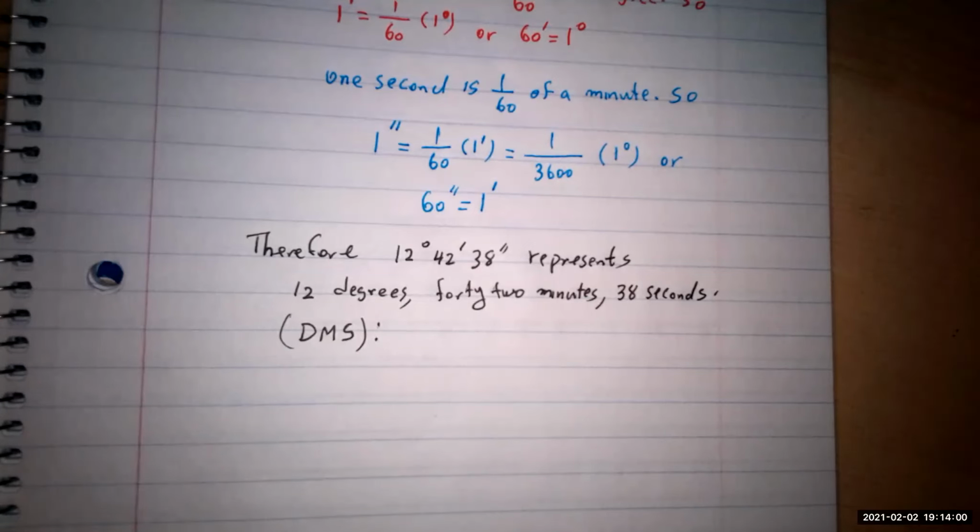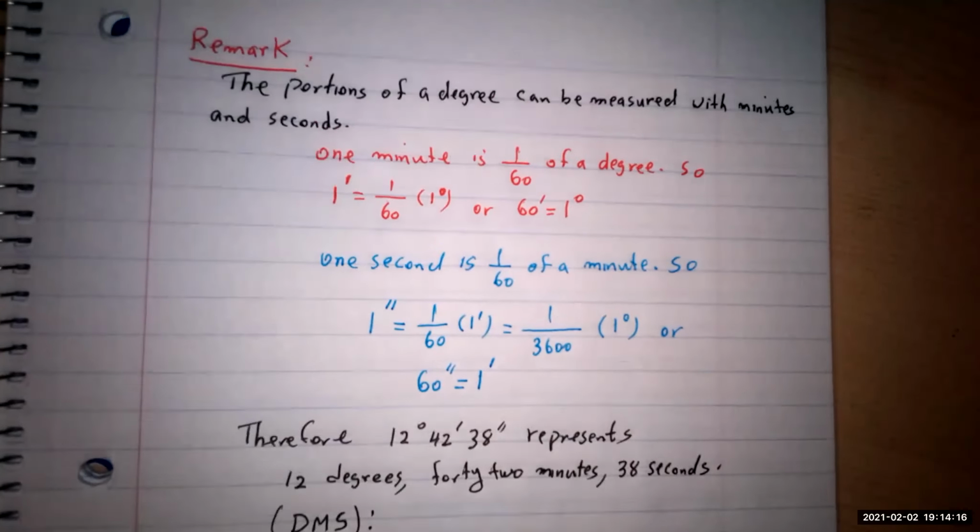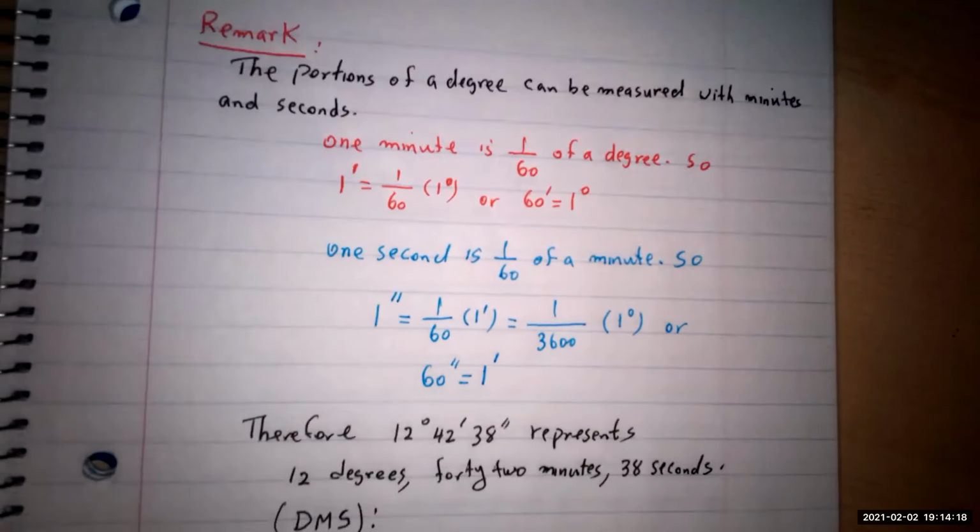You should be able to go from one to the other and come back. I'm going to show you how to do it. Any questions? These are the nitty-gritty of this section that we use in applications.